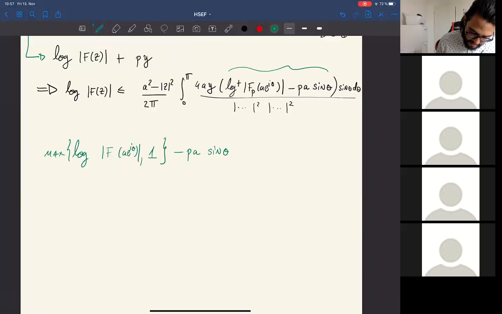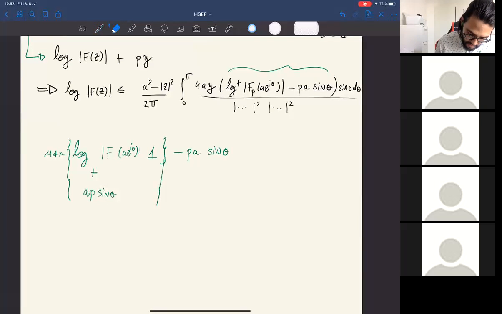This can be split in this plus, so let's increase here, and this is a, is this correct? Oh, there is a p as well, because there's a here and there's a p, so a p y, but y is a sine theta, so sine theta.